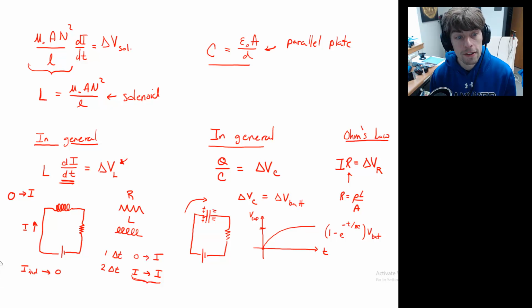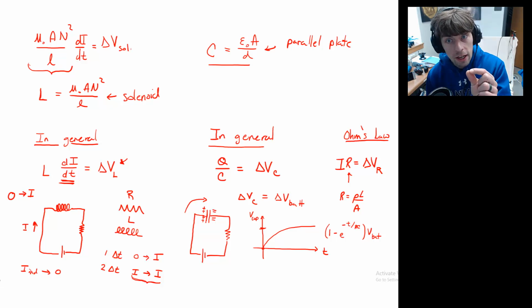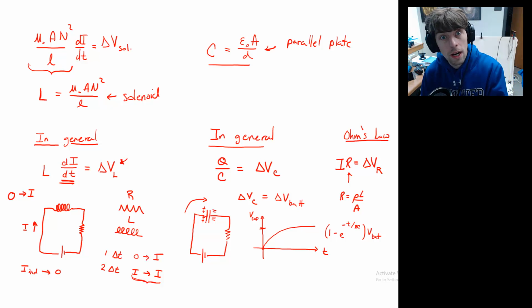What do I want to say about this? At short time intervals, close to 0, the inductor acts like a break in the circuit. It doesn't want to allow any current to flow. But as time progresses, that inductor resembles more and more a perfect wire, until after everything is settled down, this inductor plays no role whatsoever.